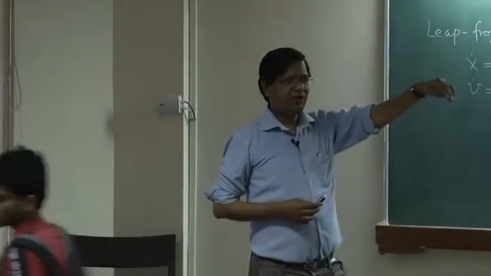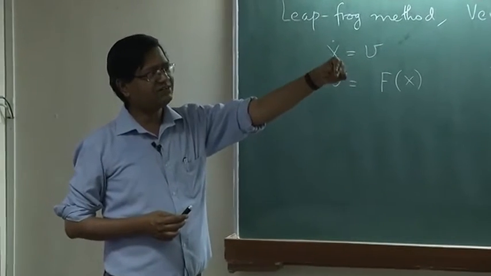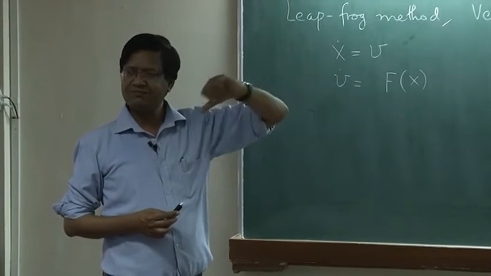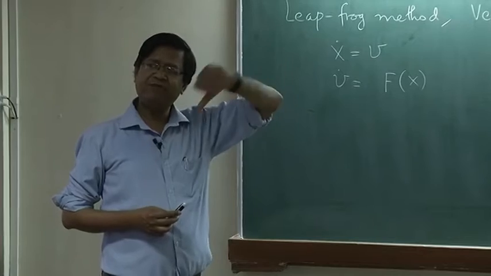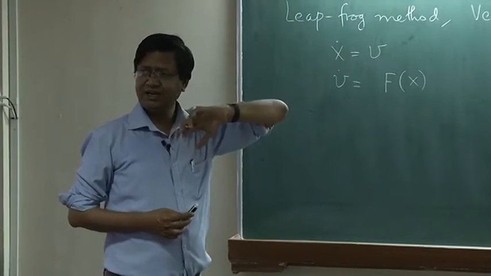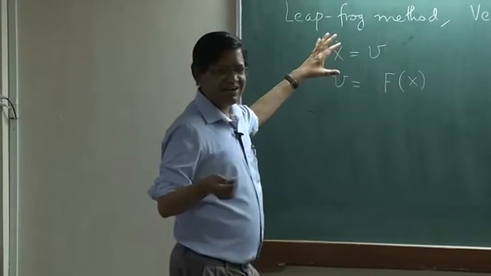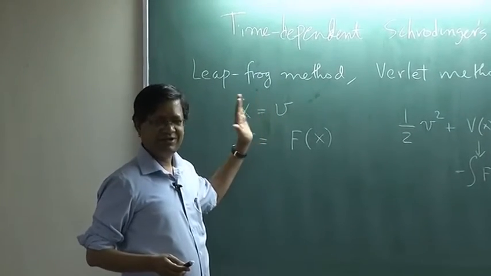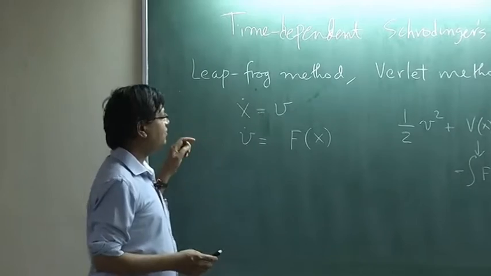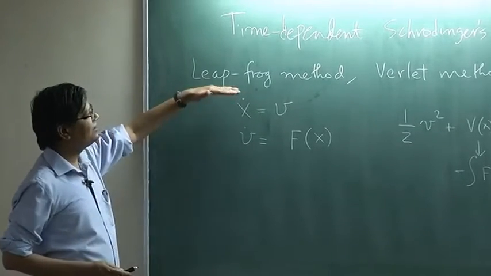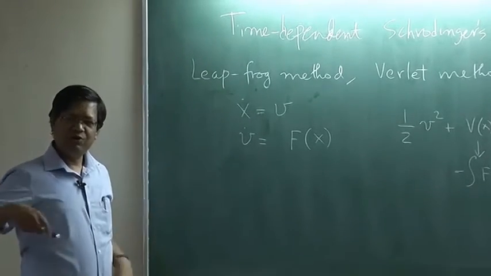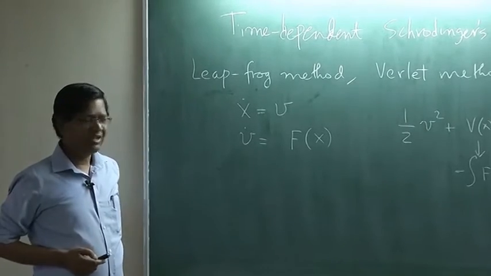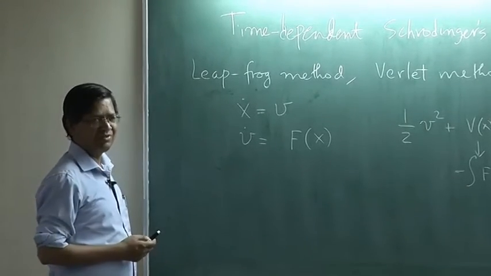If I take the system, go forward in time, and at that time reverse the system by changing the velocity backward, I should get back to the original position. Everybody knows this, I think I did it last semester, time reversal symmetry. So there is one scheme which respects the time reversal symmetry, and this is called the Leapfrog method.